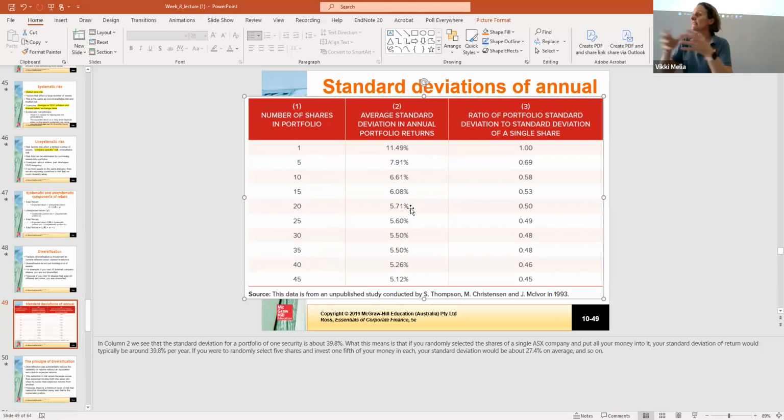And that total risk is made up of systematic and unsystematic risk. But the systematic we can't avoid. We all have to bear the systematic risk. It's the unsystematic risk that we can actually reduce by diversifying, that company-specific risk.